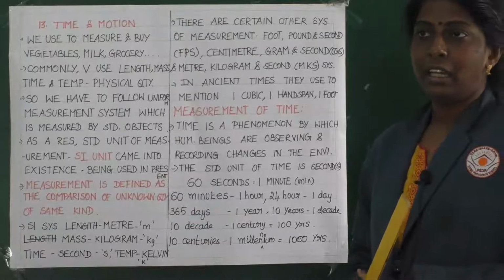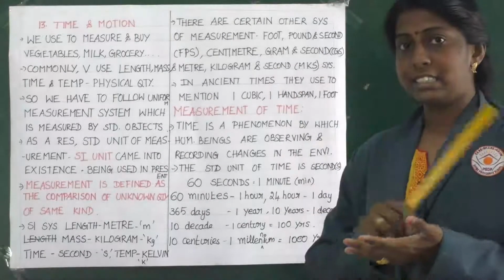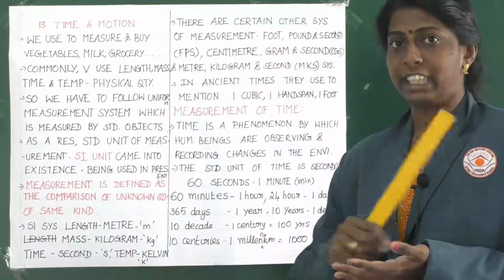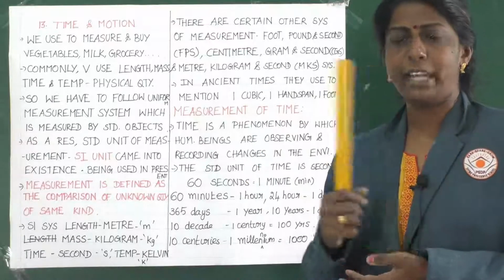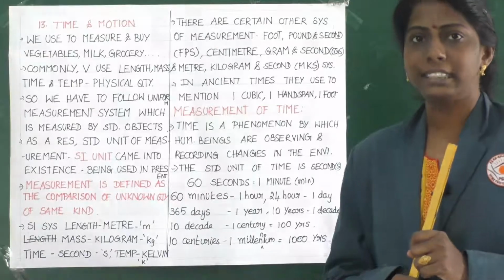Mean to say, if you are entering into a campus, you will be writing in that record the checking in time and checking out time. Is it not? So everything is differentiated or denoted by a specific time.